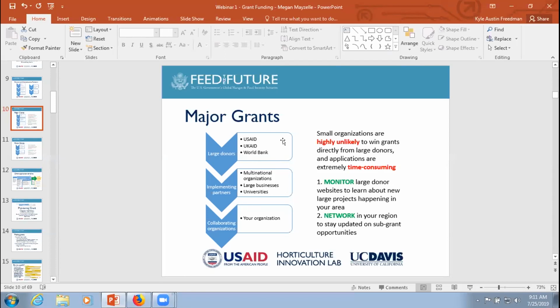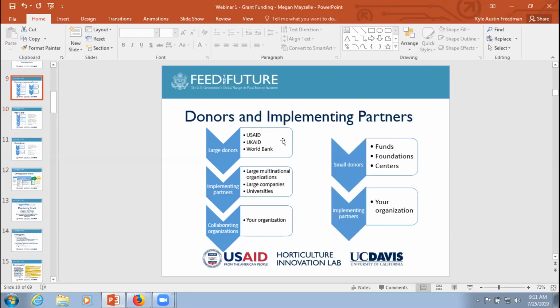Another question I think we've answered a little bit already is can individuals apply for, for example, USAID or UKAID or other government funds? And I know you've answered that, but maybe just reiterating the whole implementing partner type relationship. Yeah, so again, for an individual, I'm not saying you can't apply, but I wouldn't recommend it.